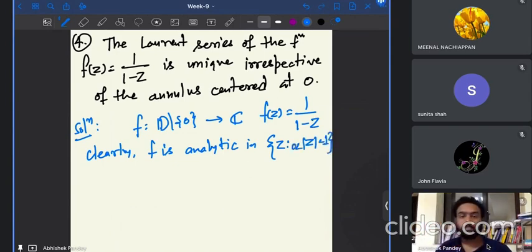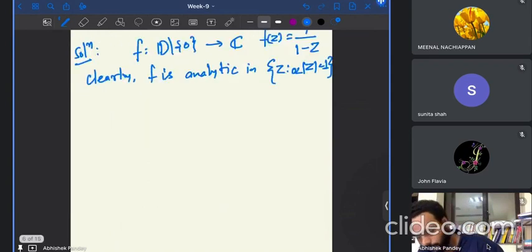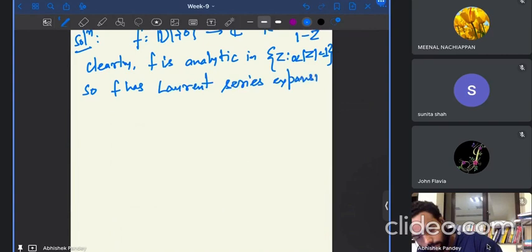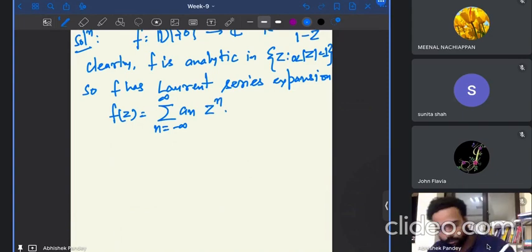So in this annulus centered at 0, it is analytic, and it has a Laurent expansion. We can write it in the general form, summation a_n z to the power n. Now what is the formula for these coefficients?